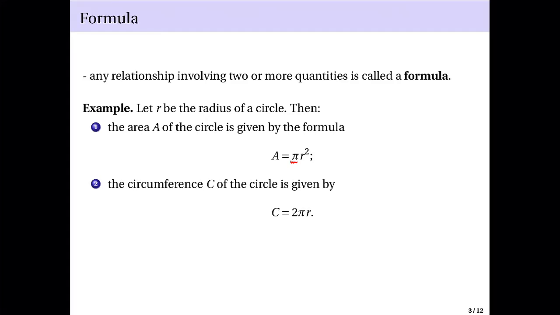And I want to add. So number 3 here, the diameter D of the circle, this D here is equal to 2r. So twice the radius.